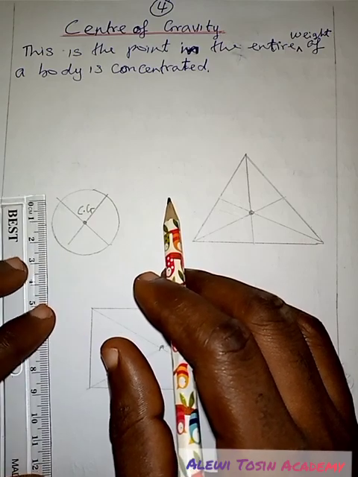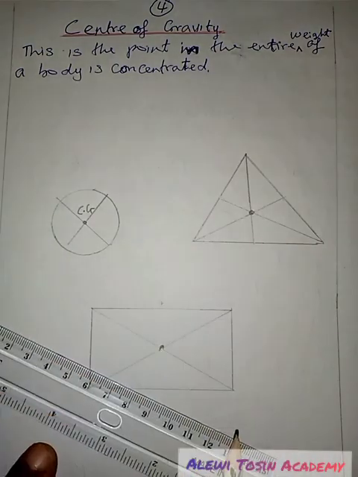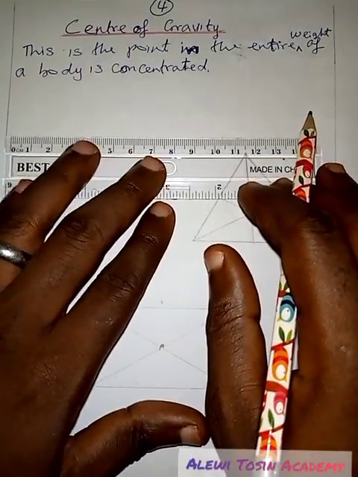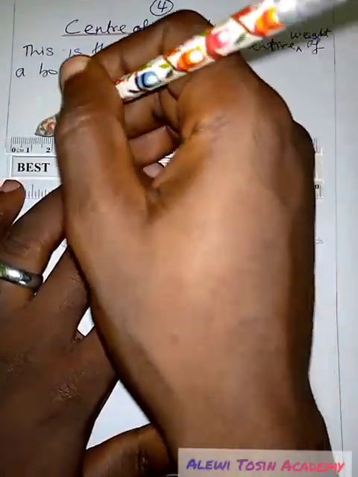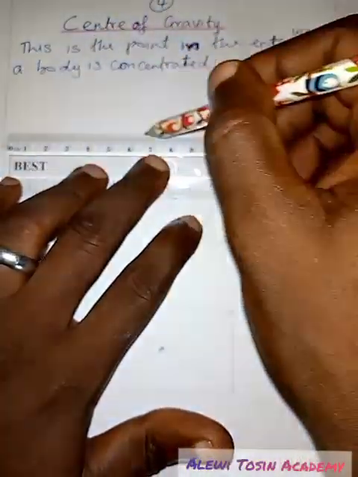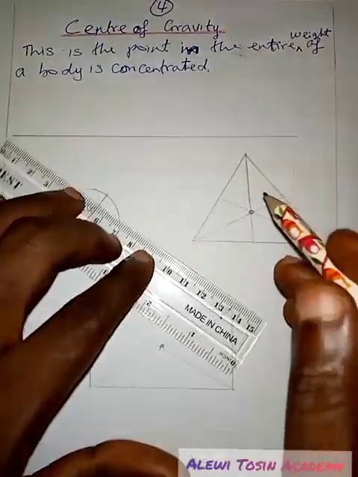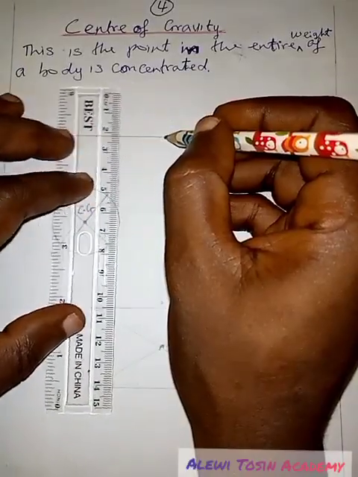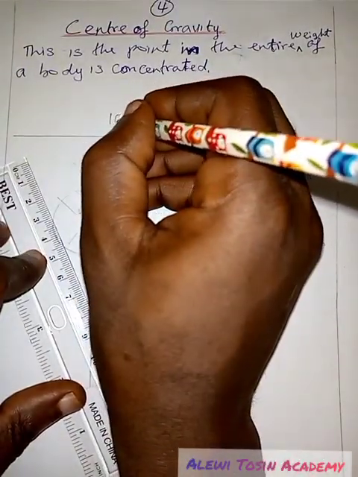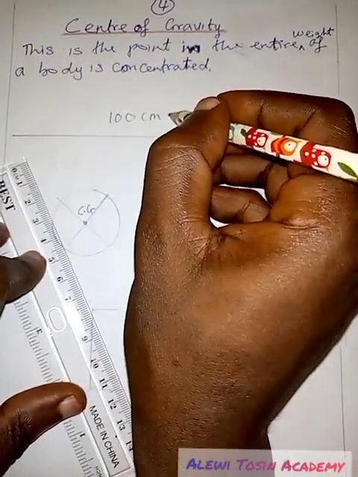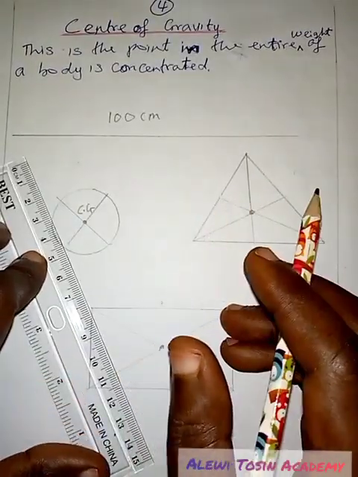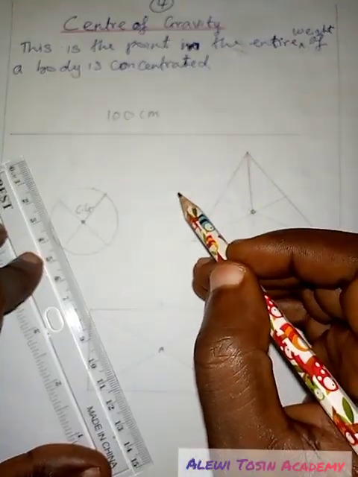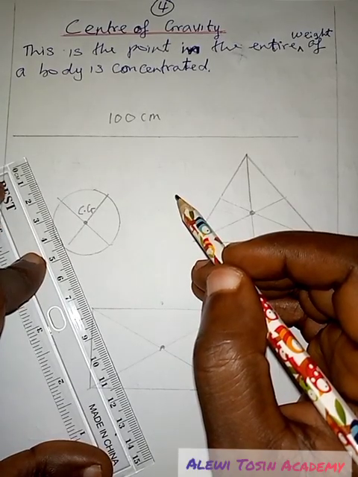Now, I also want to cite an example again in a uniform rod. Let me make it clear to us. The meter rule we use in the laboratory has a length of 100 centimeters. You can confirm that. Civil questions will not tell us the length of a meter rule because they expect us to know it as physics students.